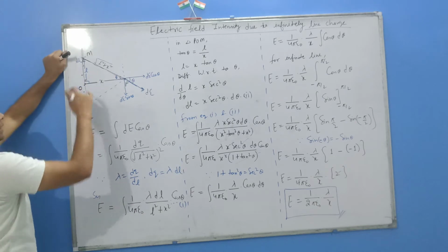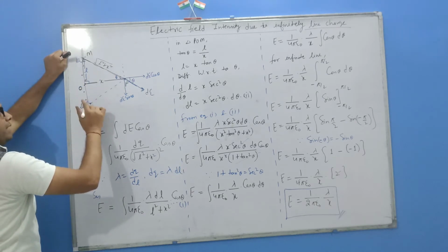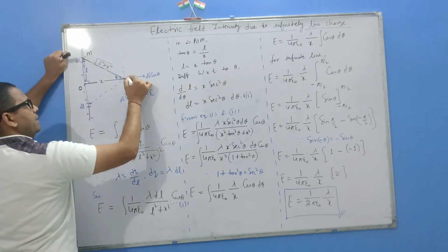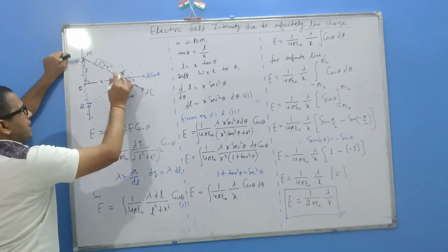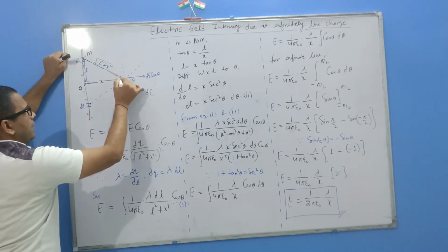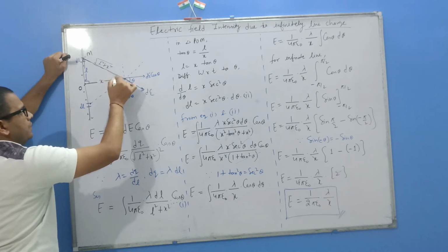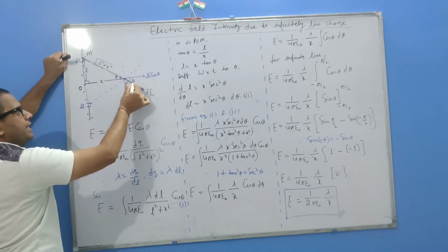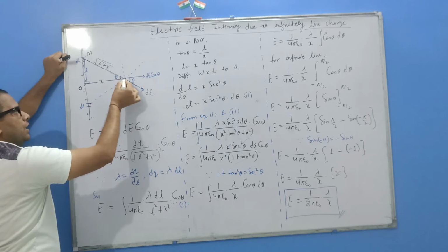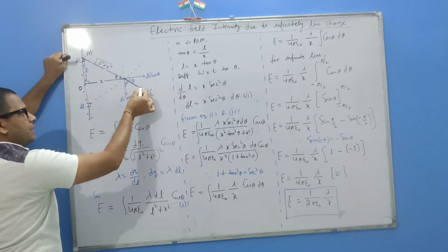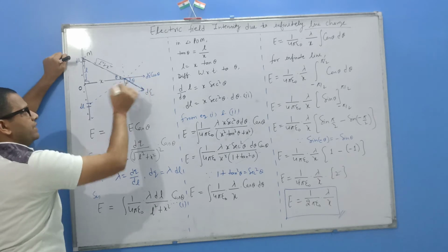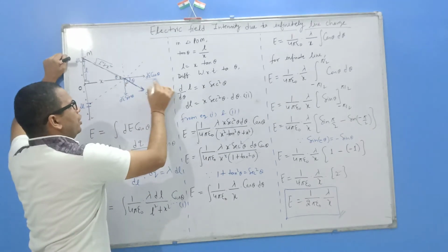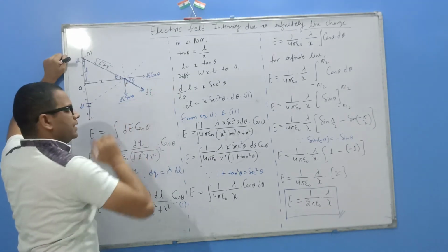Similarly, we can take another small element dl on the other side, in the same manner, with intensity dE. Let this angle be theta, so this angle will also be theta. Resolving this electric field intensity vector dE on the basis of theta, we get dE cos theta and dE sin theta.